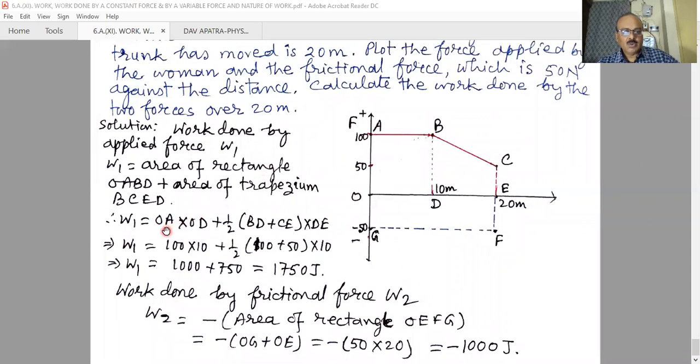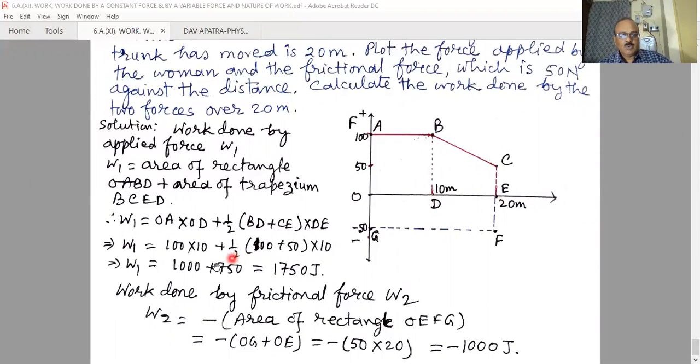That is W1 equals OA into OD, plus half into BD plus CE into DE, where DE is the perpendicular distance. The value of DE is 10, the parallel sides are 100 and 50.